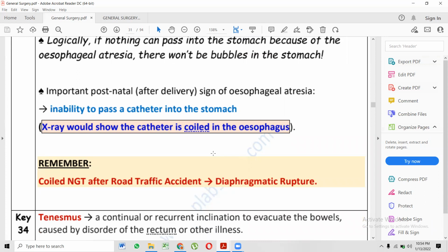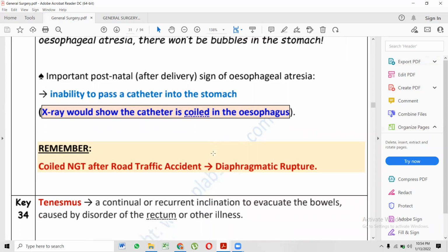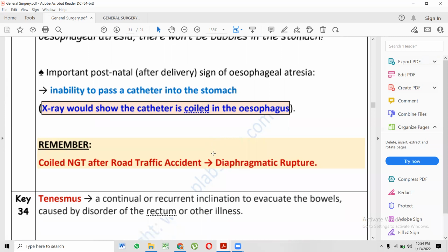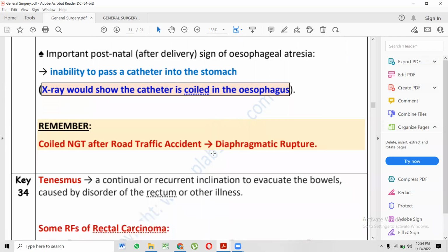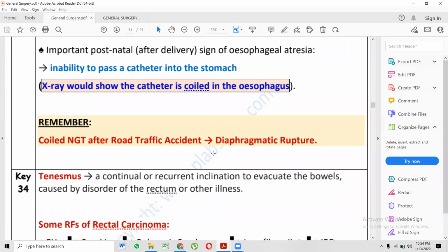Tenesmus. What is tenesmus? Tenesmus is a continual or recurrent inclination to evacuate the bowels caused by disorders of the rectum or other illnesses. So tenesmus can be present in rectal carcinoma, and tenesmus can also be present in inflammatory bowel disease such as ulcerative colitis.